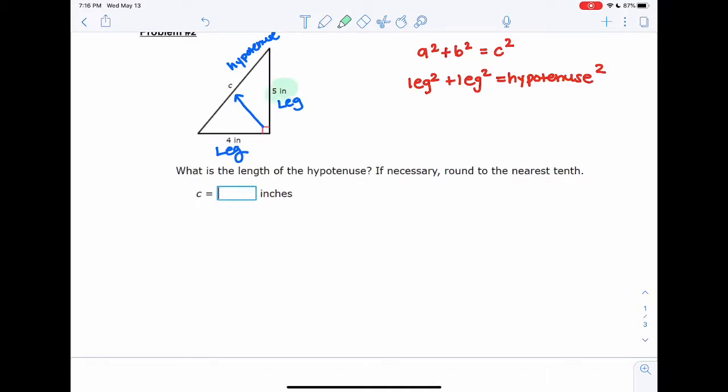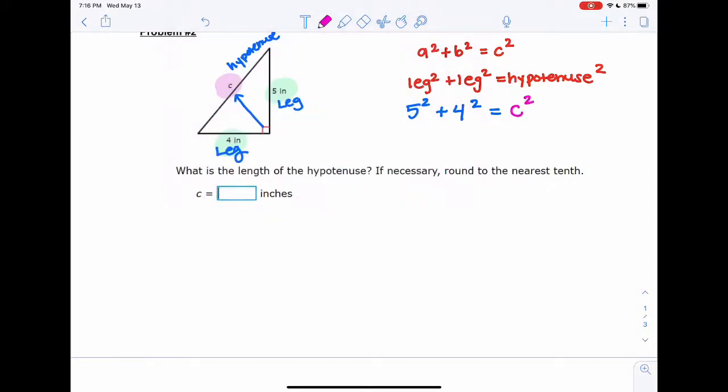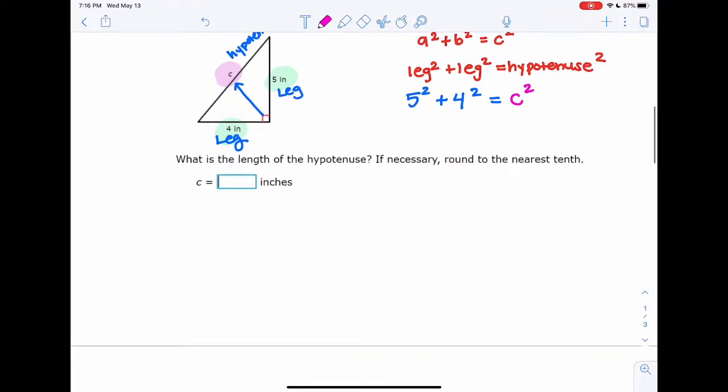I have 5 as one of the legs, so 5 squared plus 4 as my other leg, 4 squared equals hypotenuse is c, so I'm going to have c squared. And now we simplify. 5 times 5 is 25. 4 times 4 is 16 equals c squared.